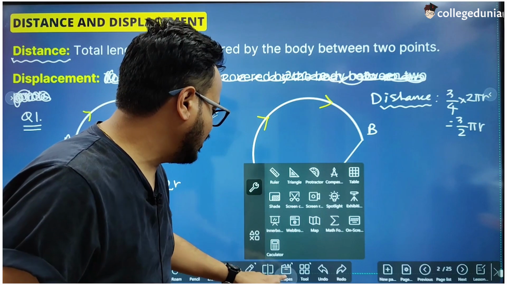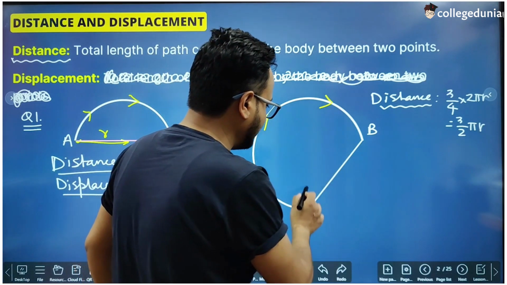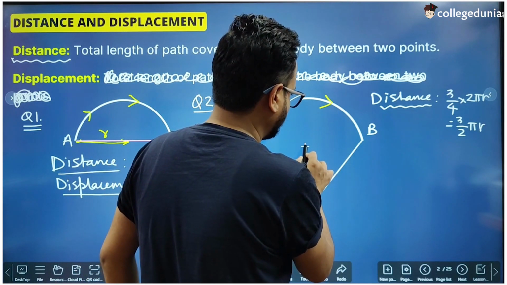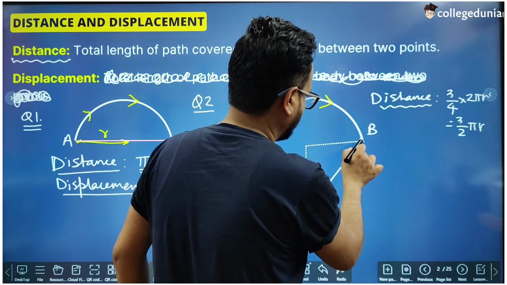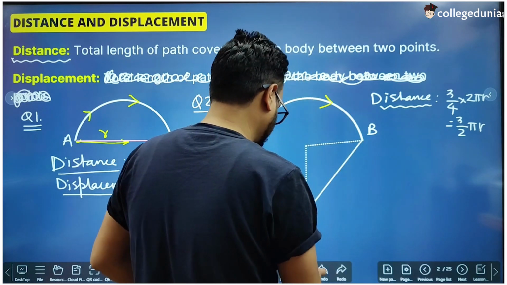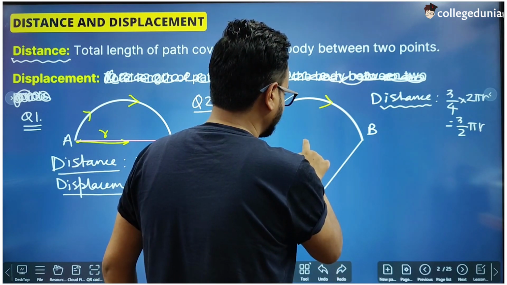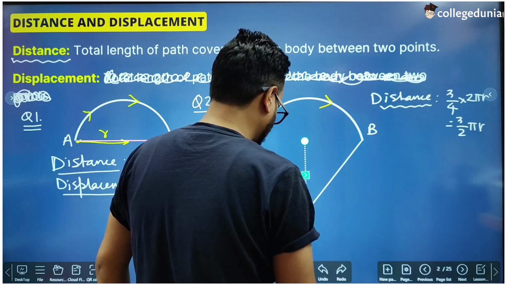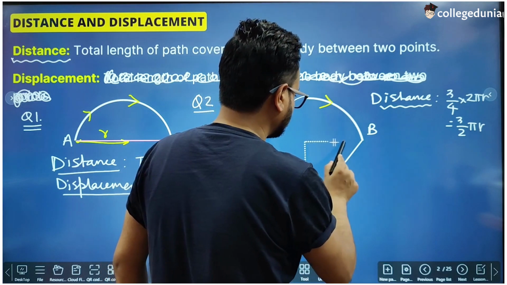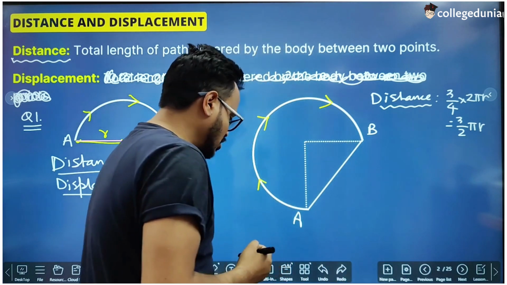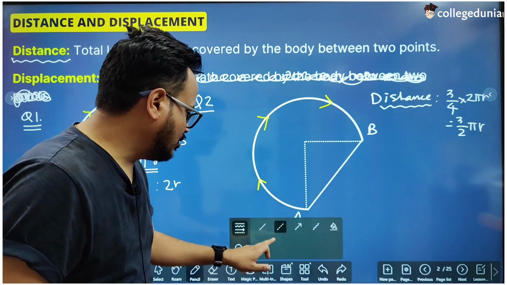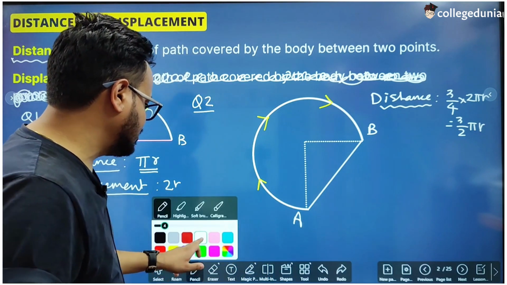So how can we calculate the length of this line? Join these two. Suppose this is the center of the circle. So what is the length of this radius? This is the radius, right?